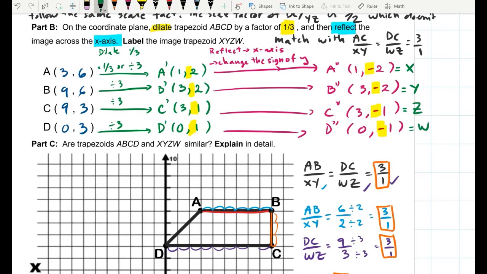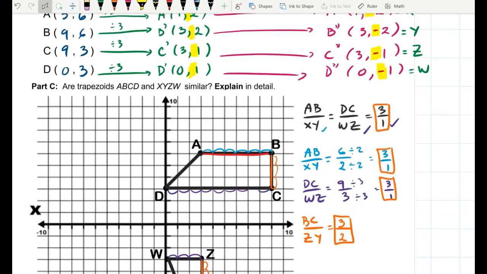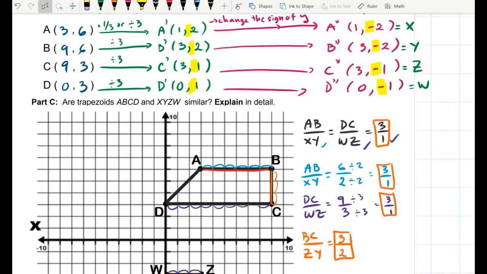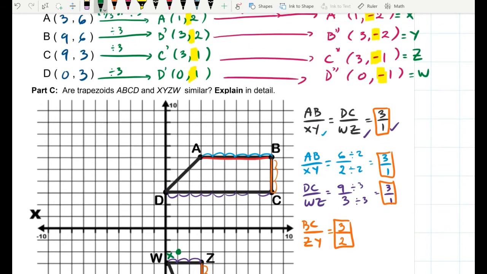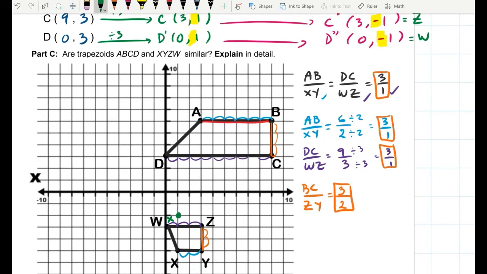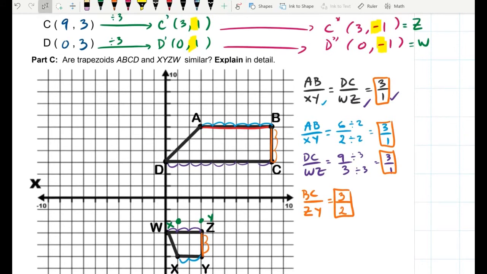Alright, now we're going to plot those points on the graph. 1, -2: 1, go down 2. That is your X. 3, -2, that is the Y. 3, -1, that is the Z. And the last one, 0, -1, that is the W. Then we connect the 4 points.